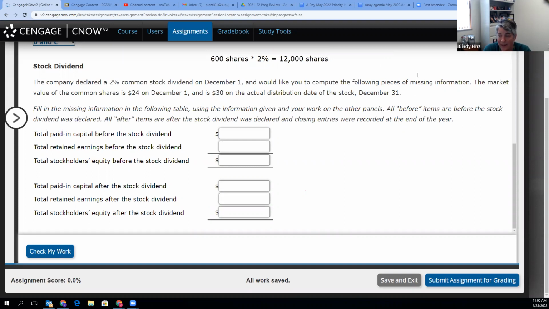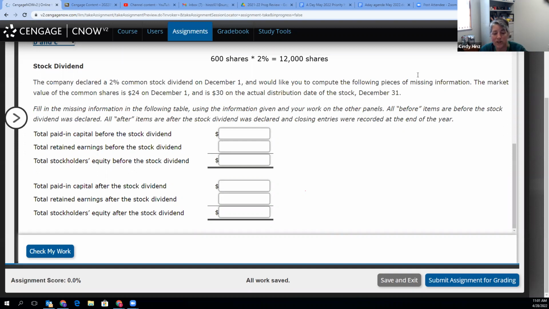So a 2% stock dividend is what is classified as a small stock dividend. Anything less than 25% is a small stock dividend. And we use the fair market value at the time the dividend is declared as a proxy or representation of the value of that dividend.